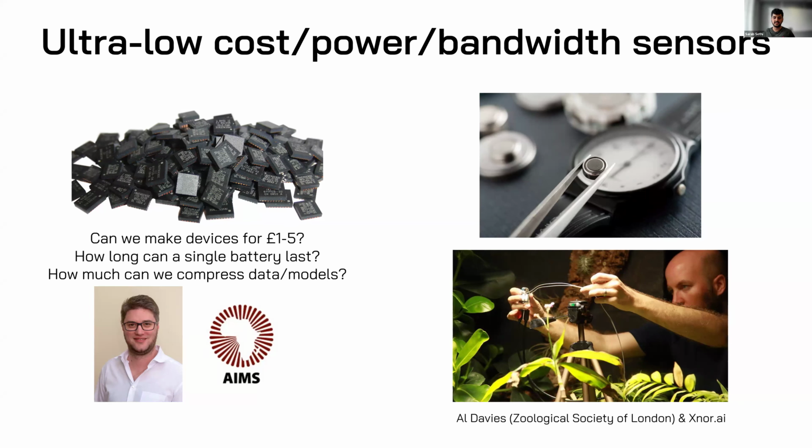This was Al Davies at the ZSL, the Zoological Society of London, who developed a plant-powered camera. They basically used microbial plant fuel cells, which, don't ask me the details, use chemistry to turn plant growth into electrical energy that could be harvested into a capacitor and then discharged to trigger a camera to take a picture.